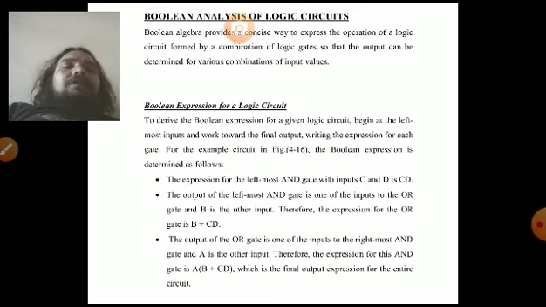The expression for the leftmost AND gate with inputs C and D is CD. The output of the leftmost AND gate is one of the inputs to the OR gate and B is the other input. Therefore, the expression for the OR gate is B plus CD.